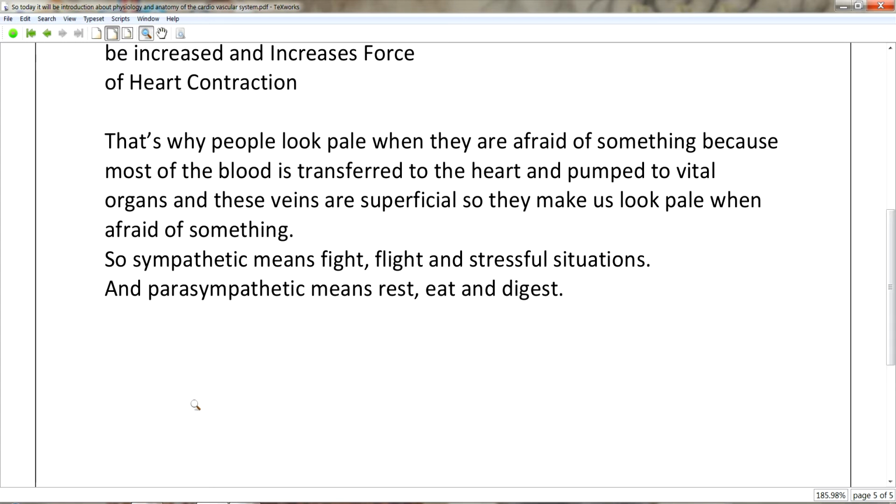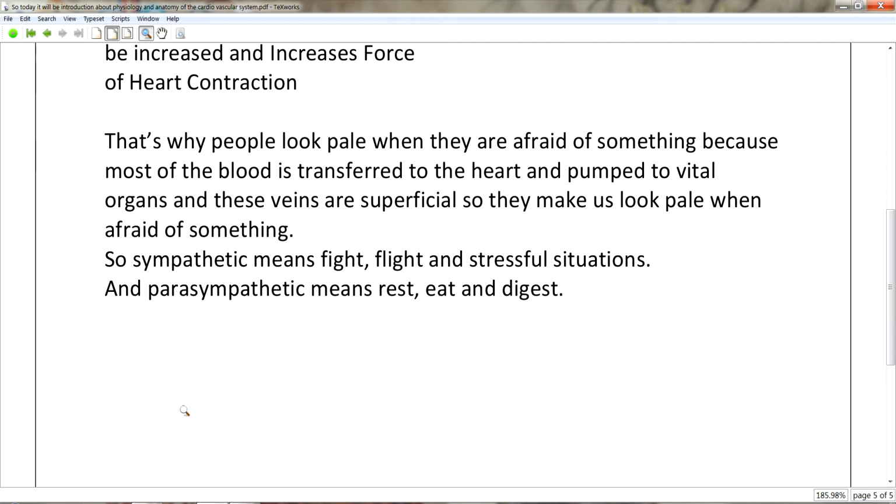Now just one last thing the doctor talked about that isn't written here. Physiologically, when we talk about the heart, we talk about its specific features: excitability, which we discussed, rhythmicity, conductivity and contractility.